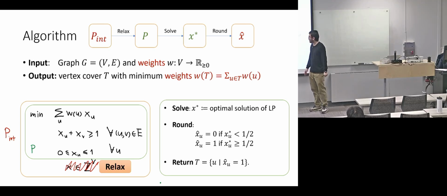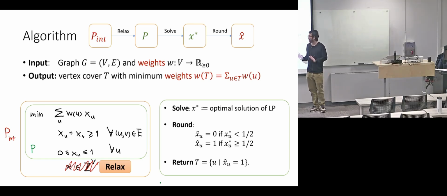Here I just choose everyone whose value is more than half, and you might stop before, like you might not choose some guys here even if this is more than half. Yeah. But anyway, this is one simple way to round it.